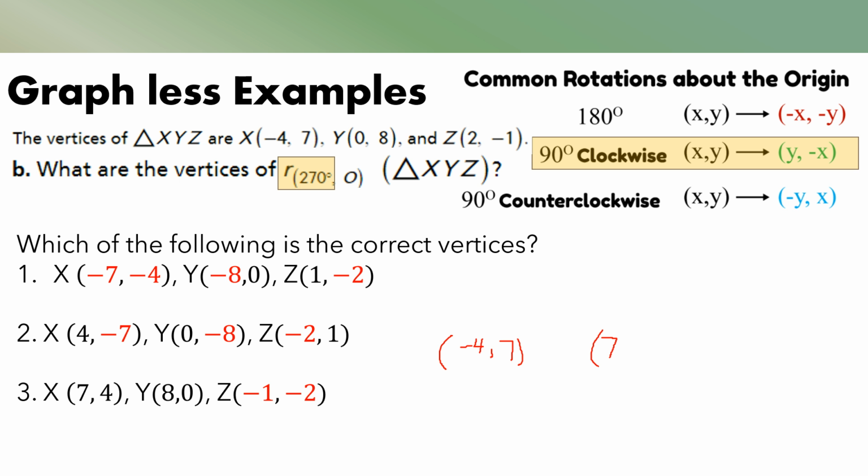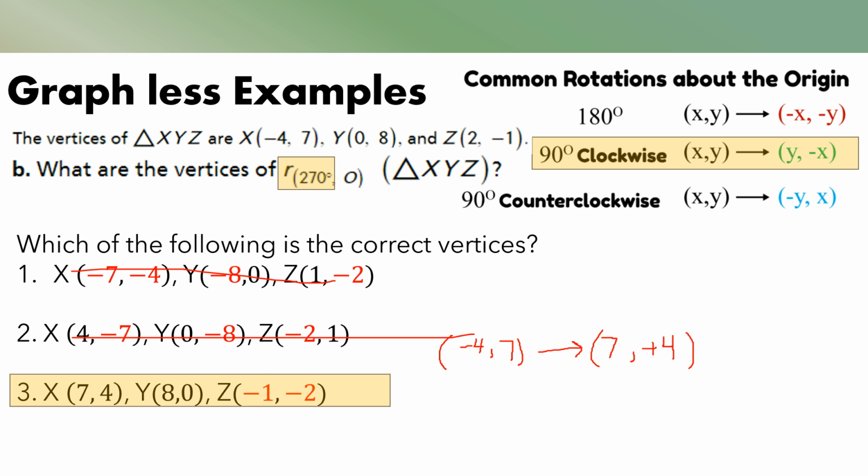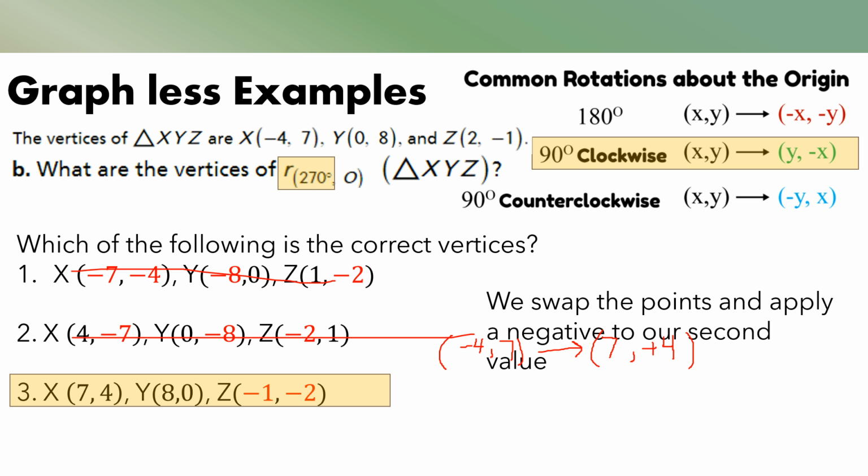We'll have a 7, -4, and we need to take the opposite of the second one. So we're looking for our positive 4. That's gone, so it has to be 3. We just swap the points and apply negative to the second value. Pretty straightforward. All right, let's jump over to the OneNote.